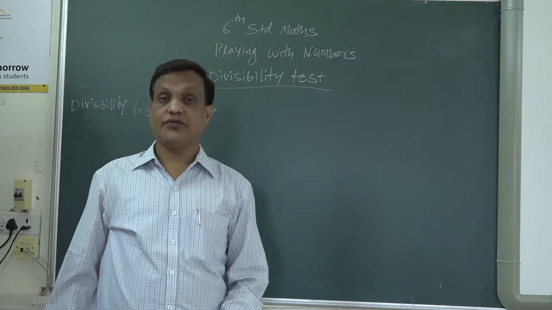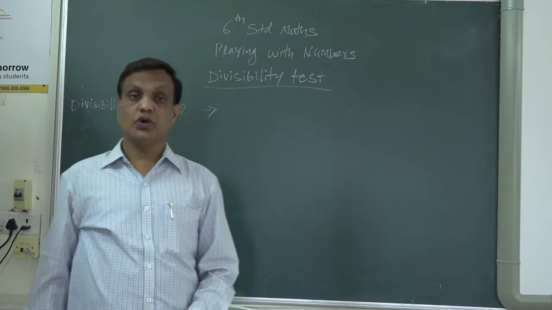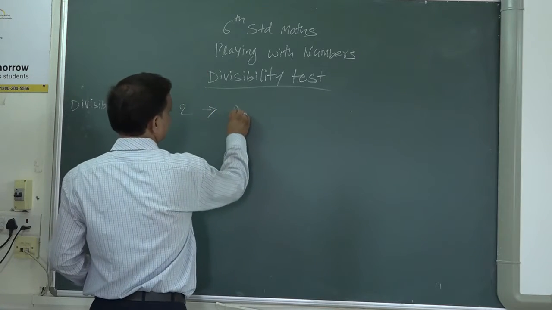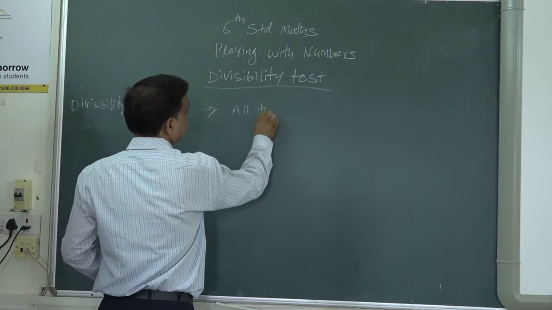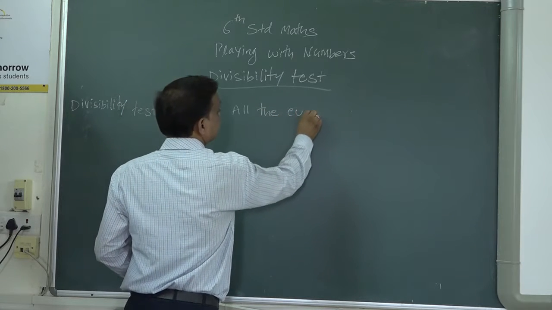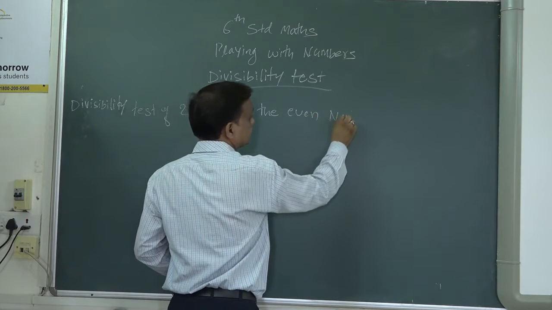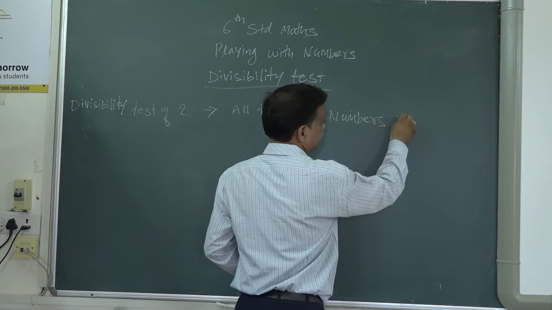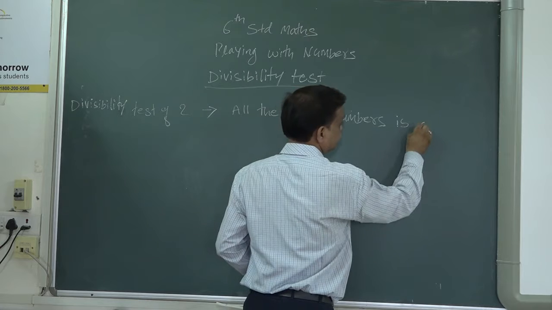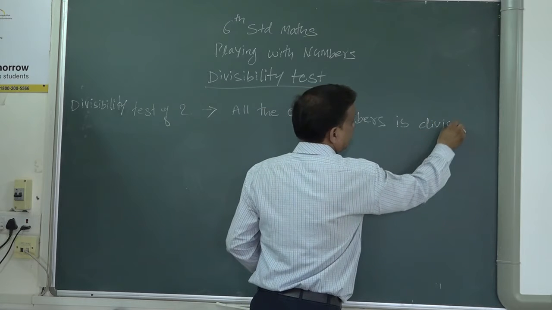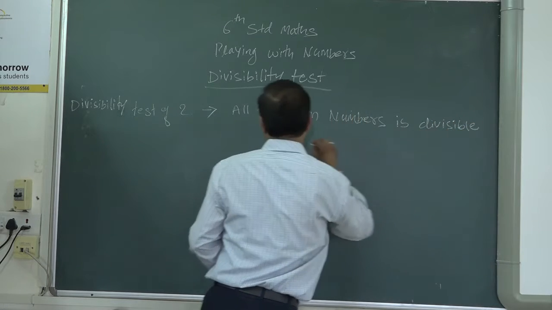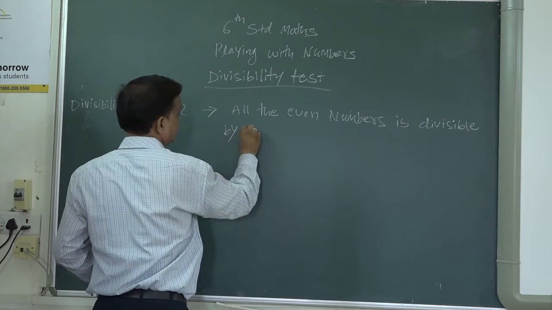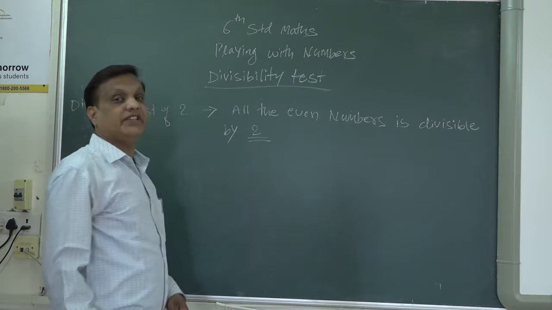The definition of divisibility test of 2: all the even numbers are divisible by 2. So this is the divisibility test.